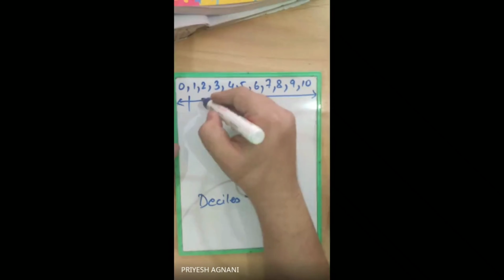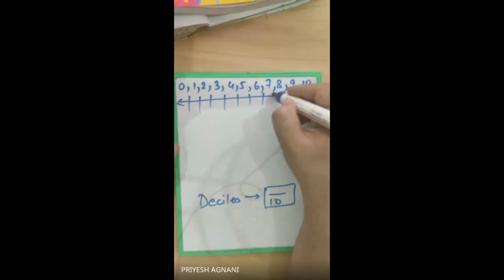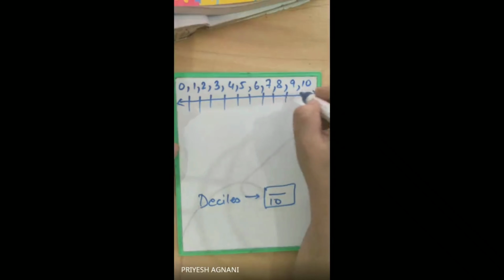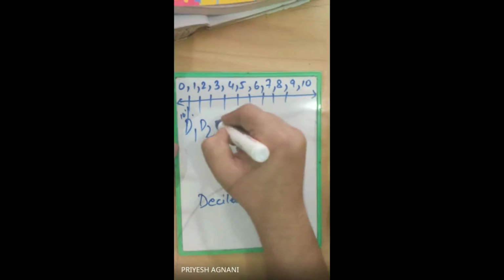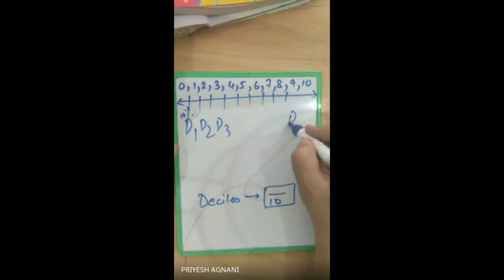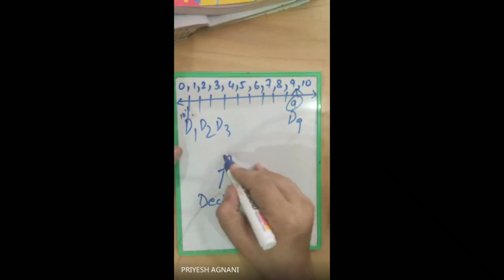So the first part, second part, third, fourth, fifth, sixth, seventh, eighth, ninth, and the 10th one. So this is decile 1, that is 10%, decile 2, decile 3, until decile 9. Decile 9 is number 9 over here. In deciles there are a total of 9 deciles.